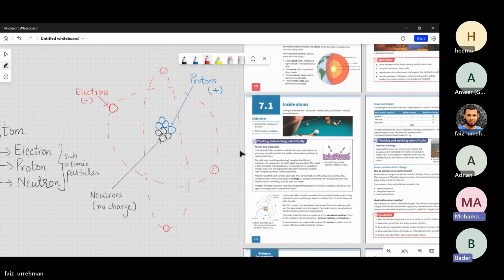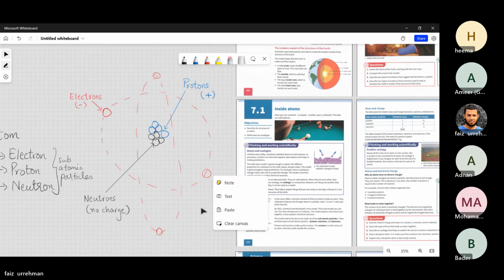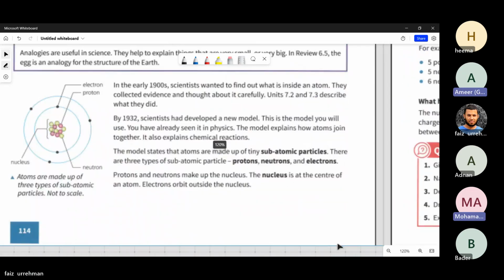The nucleus is made of what? Yes, my question is, the nucleus is made up of what? And your answer is? The nucleus is made of proton and neutron. Not electrons. Proton, neutron. Where is it written? On the screen? Or where?